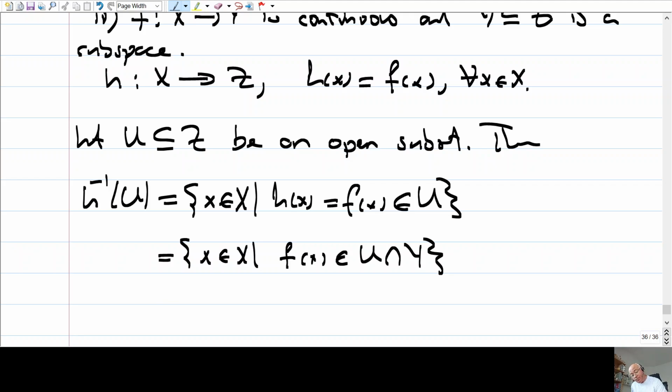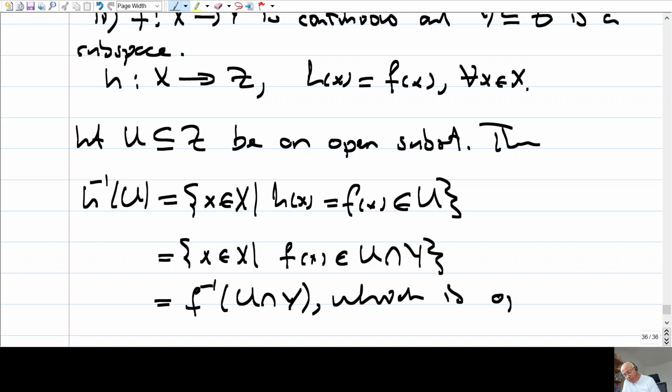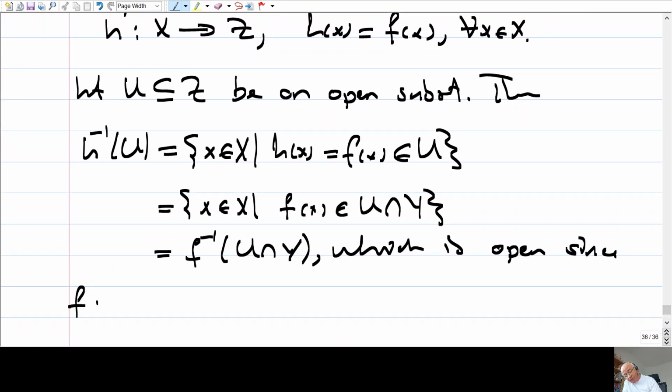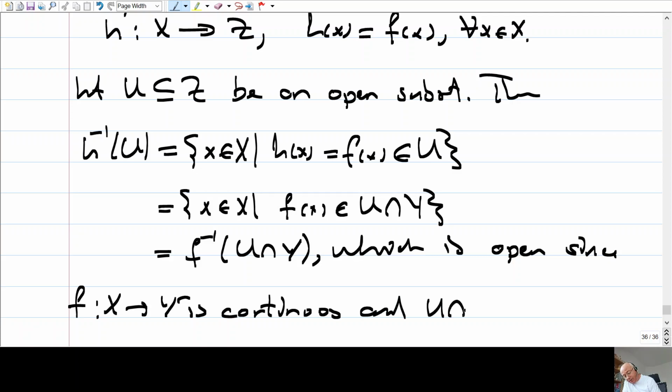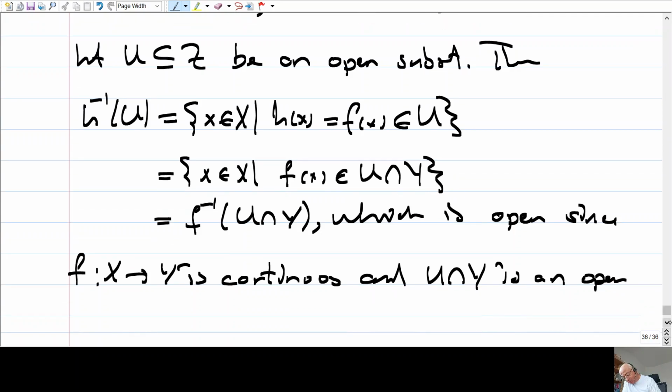But what is this? This is just f inverse of u intersection y, which is open. Why is that? Since f from x to y is continuous and y intersection u is an open subset of y, right?